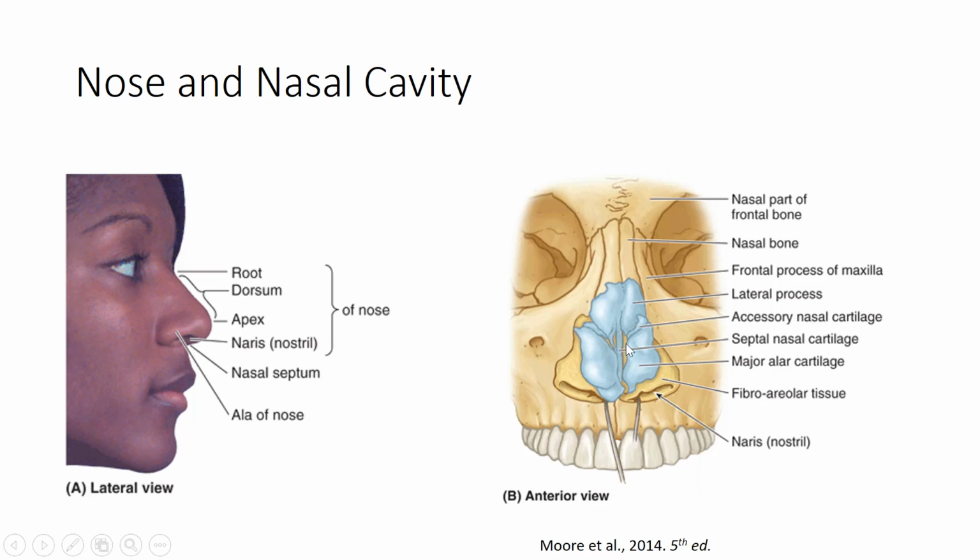The alar cartilage has a U shape that is free and movable and can dilate or constrict the nares when the muscles acting on the nose contract.